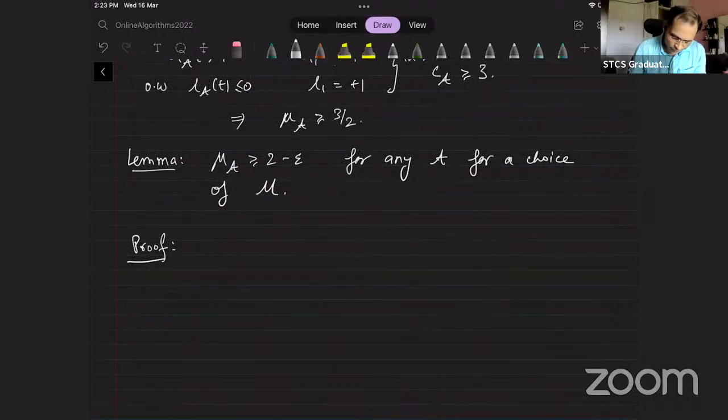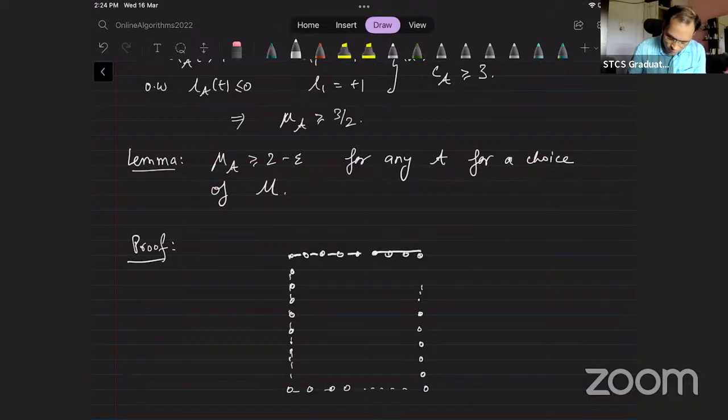So, to make sure, it should look like a square. Okay, so think about this boundary as your metric space of the unit square.